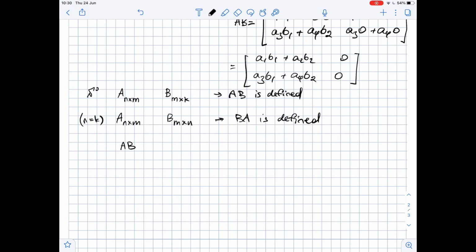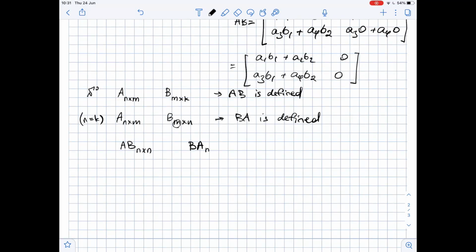So here we get an n by n matrix. And then the order of BA is also the number of rows of the first matrix, which is m, by the number of columns of the second, which is also m, so m by m.